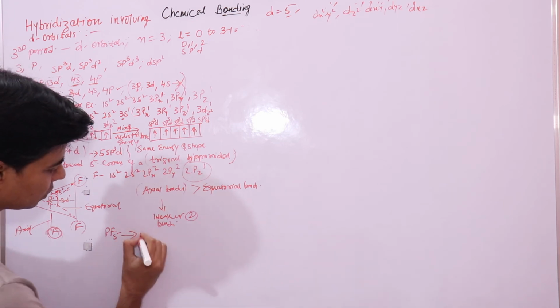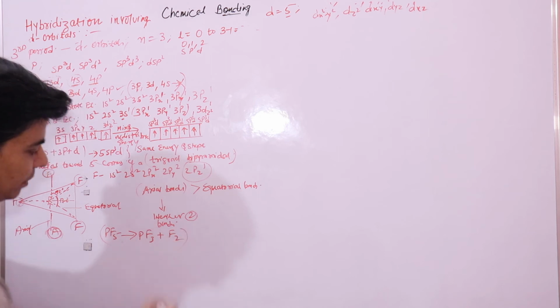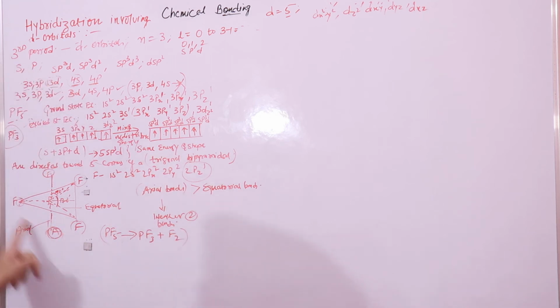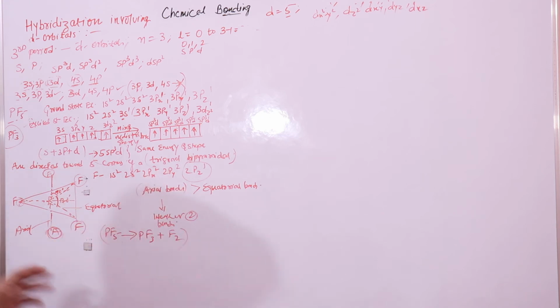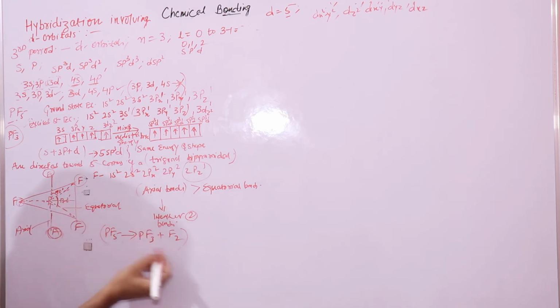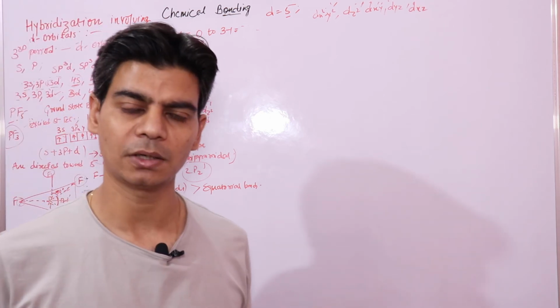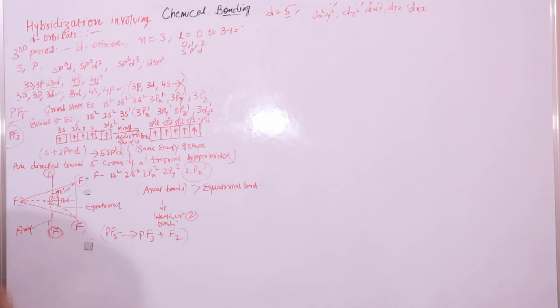Because it can easily dissociate into PF3 plus fluorine, right? Same is with PCl5. PCl5, phosphorus pentachloride, will also have the same geometry, right? And they also have these longer axial bonds, right? Due to which the axial bonds, since they are longer, are weaker, so these bonds will easily break to form PF3 and F2. That is why phosphorus pentachloride and phosphorus pentafluoride are reactive molecules, right? So I hope this is clear.